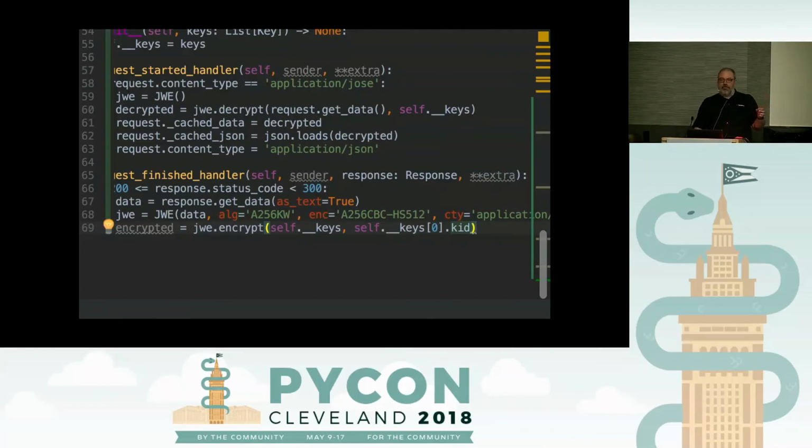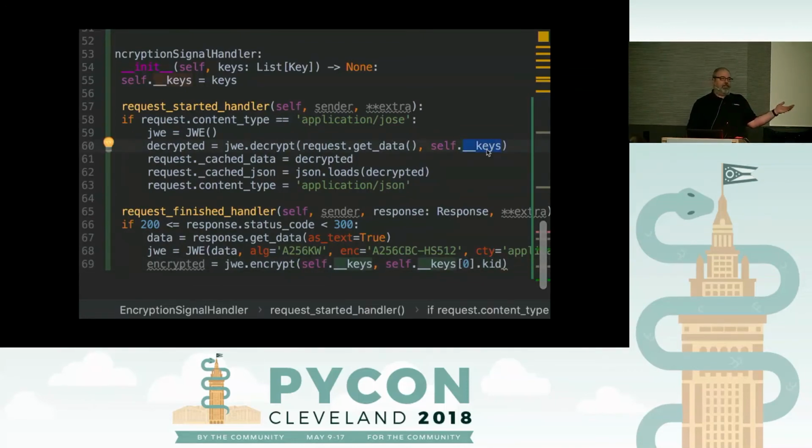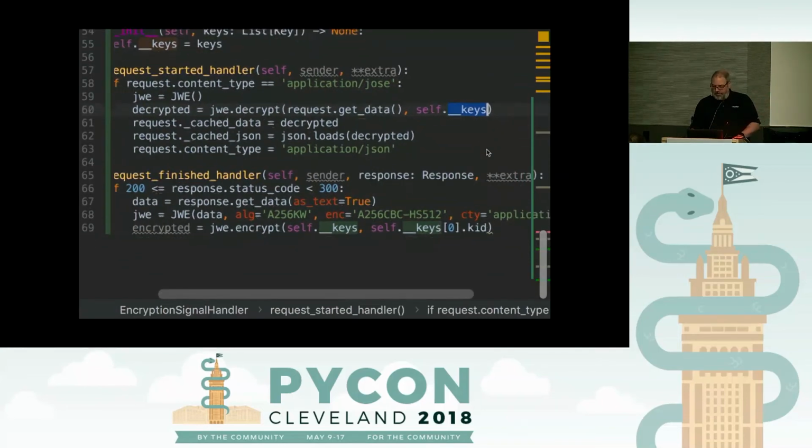But you have to pass the identifier so that when it gets it back, it knows which key it used to encrypt it, so it can get that key with the key ID and decrypt it. It's the same thing in the decrypt, where we just passed it the keys. It had to go find which key it used to encrypt by the ID. So each key is going to have an ID, and you'll see that when we build it in a minute.